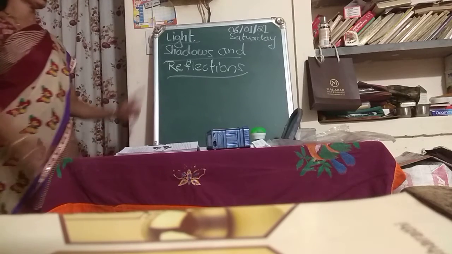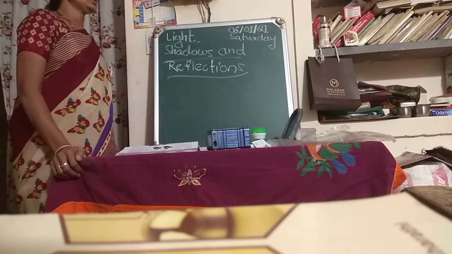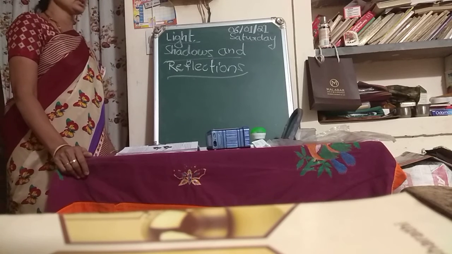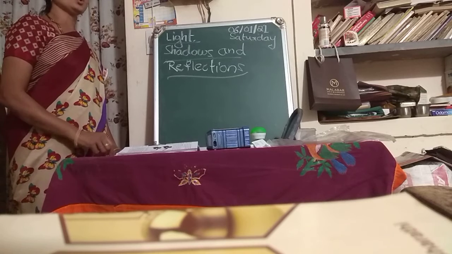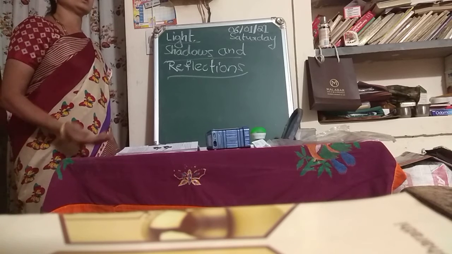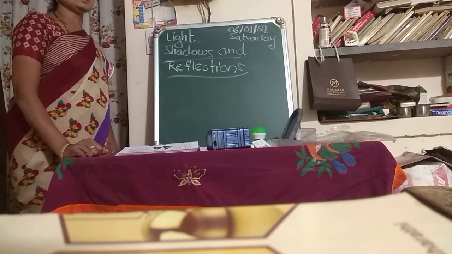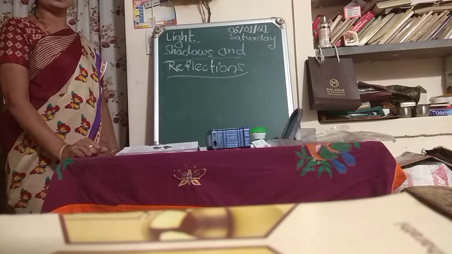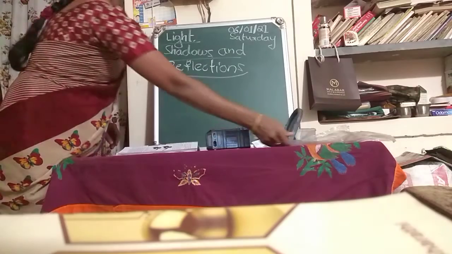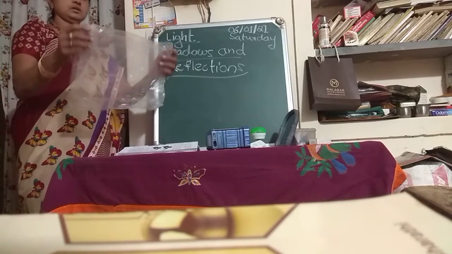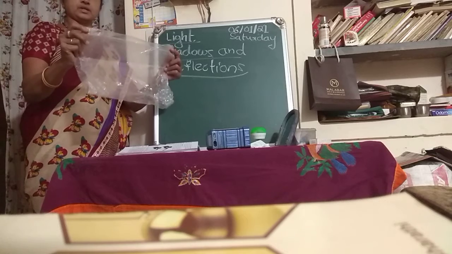Then what about this shadow? There are three kinds of objects, depending on whether they allow light to pass through them or not. The three kinds are transparent, translucent and opaque. This is a transparent object.